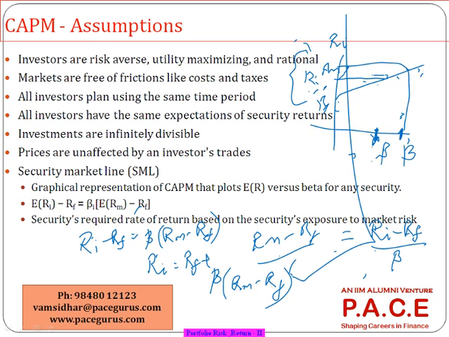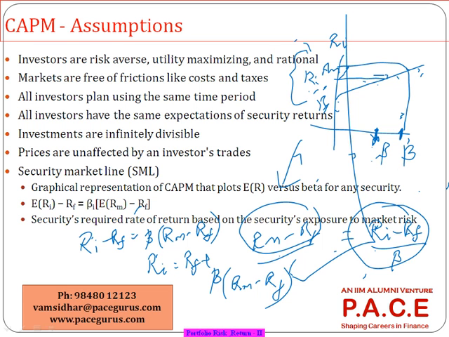Now, slope. Slope of the CML is the Sharpe ratio. Slope of the characteristic line is the beta. Slope of SML is actually one of these two. Both are slopes of SML only. This is one slope. This is the other way you are defining the slope. So this is nothing but risk premium.